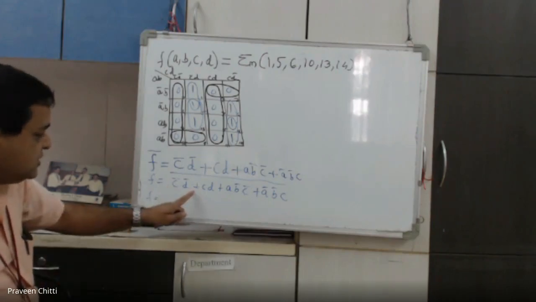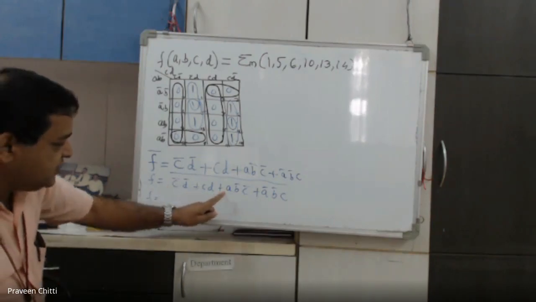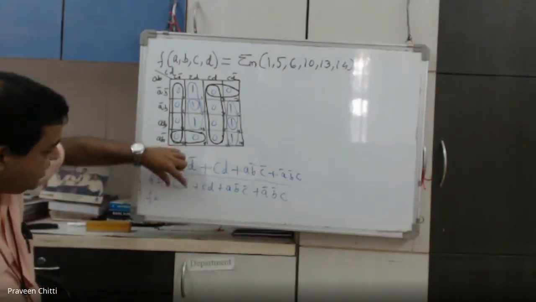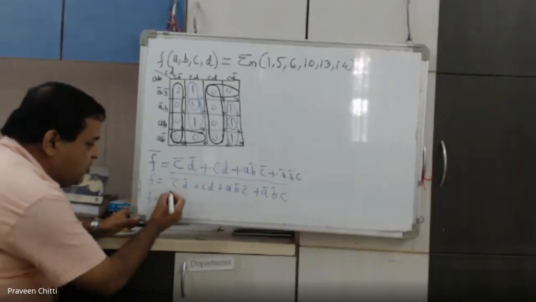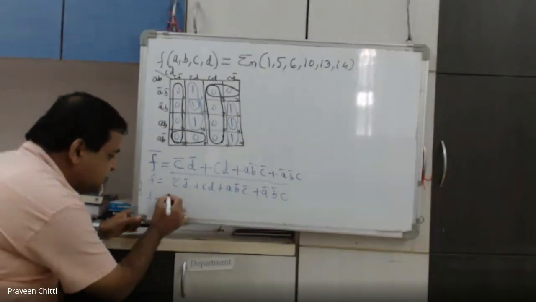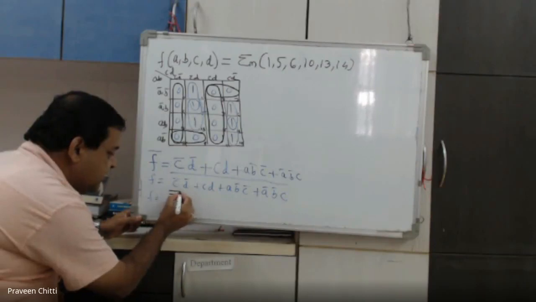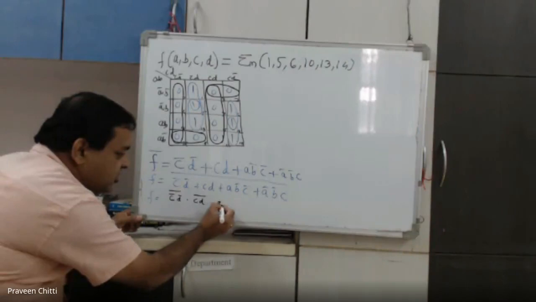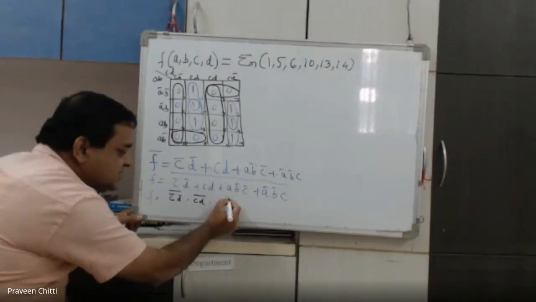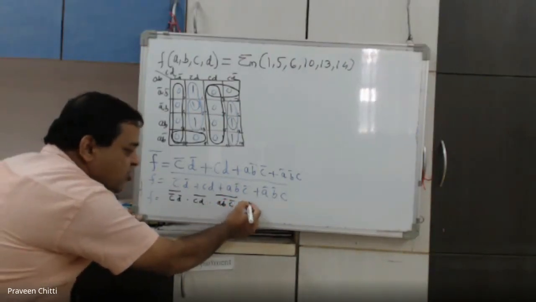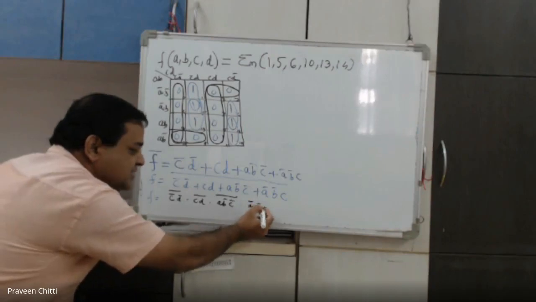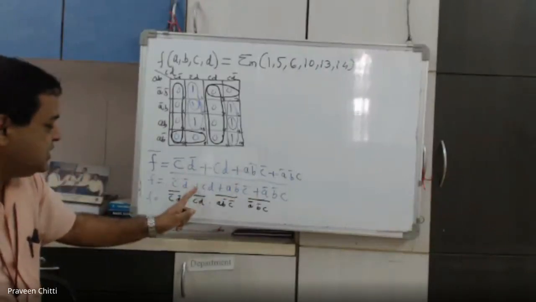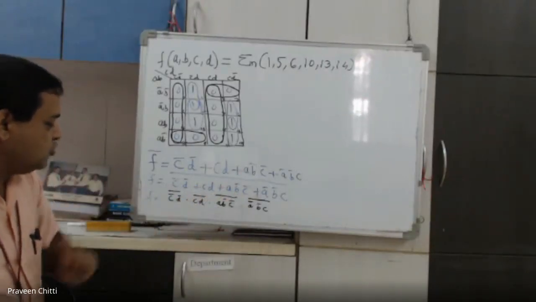So when you use De Morgan's theorem, here you have plus, plus, plus. So this plus will become dot, and you will get the individual complements. So you will get this as C bar D bar whole bar, dot CD whole bar, dot A B bar C bar whole bar, dot A bar B bar C whole bar. The whole bar you are splitting into individual terms by replacing plus with dot.